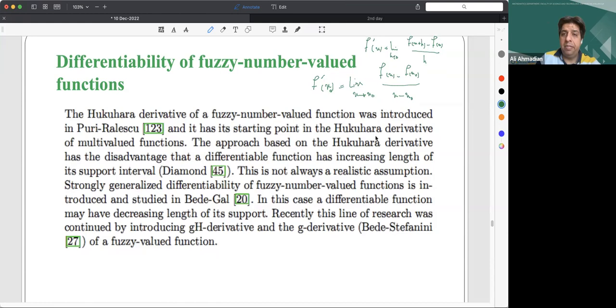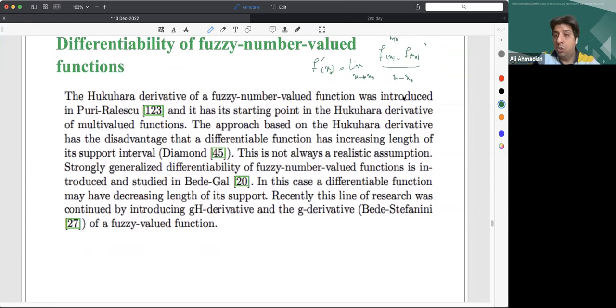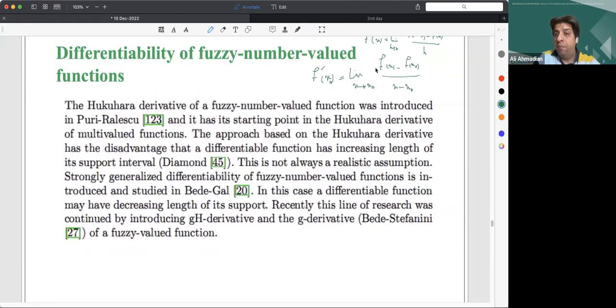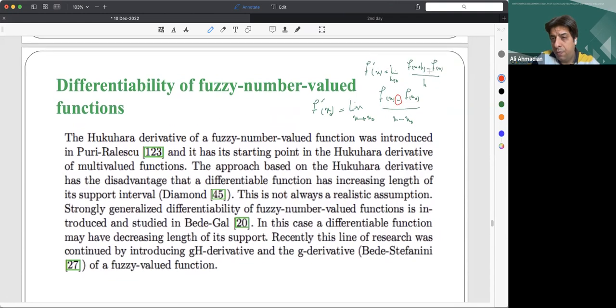But the problem is that if we want to develop this concept for fuzzy differentiability, then what should we do for this notation?